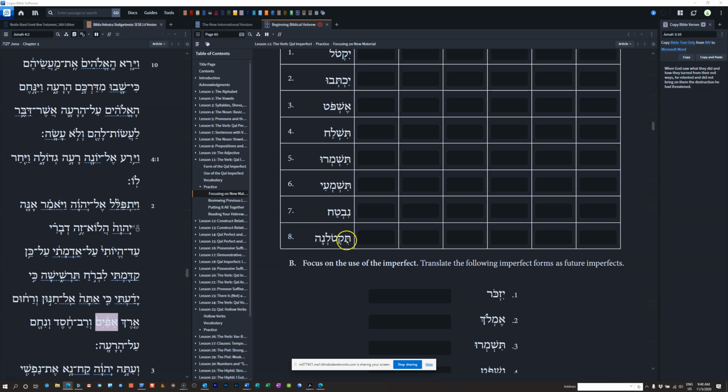The difference between those two is nothing morphologically. There is no spelling difference between the cal imperfect 3FP and the cal imperfect 2FP. So we can't really decide between them here. We would need some context, and we don't have that. So our answer to the parsing should be cal imperfect 3FP or 2FP.